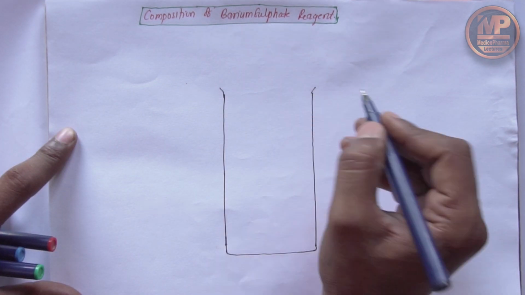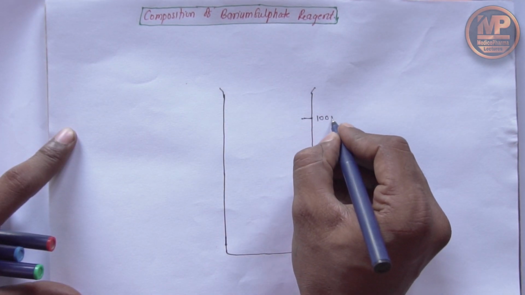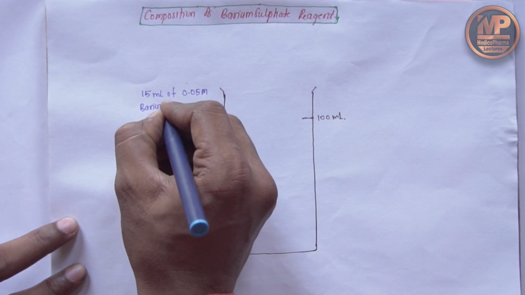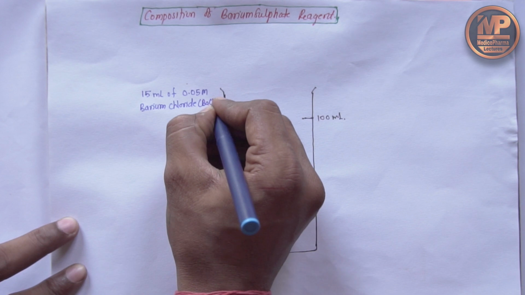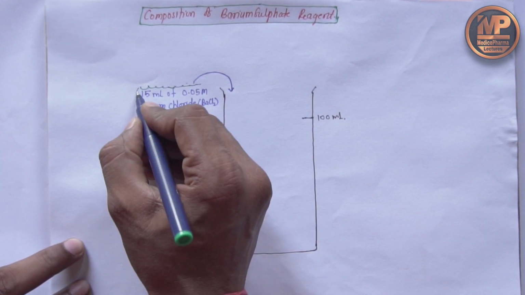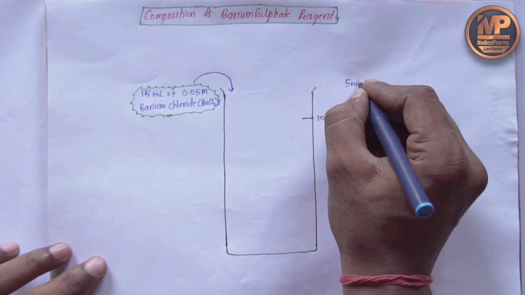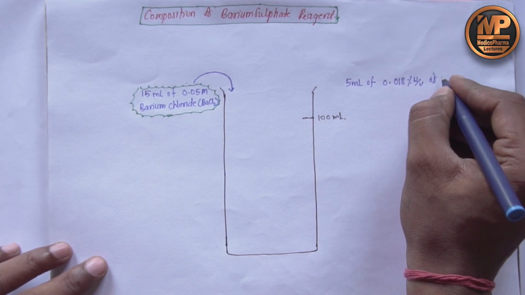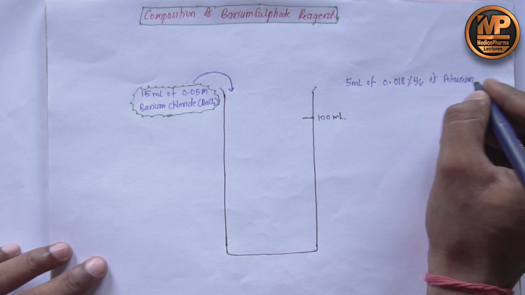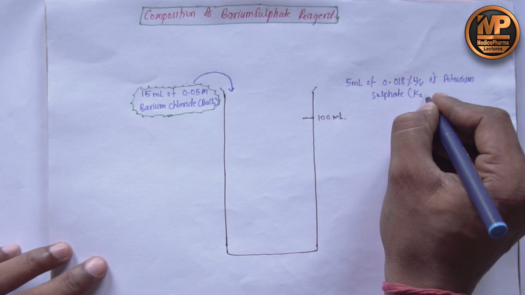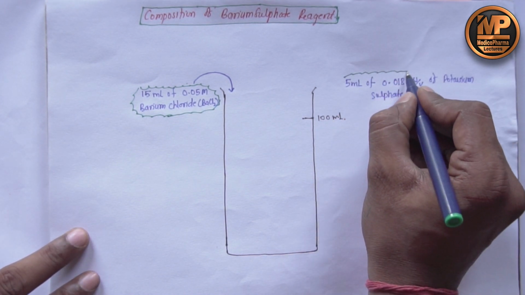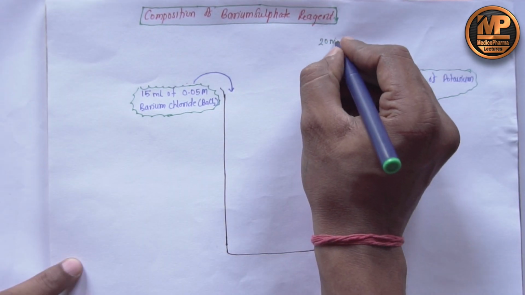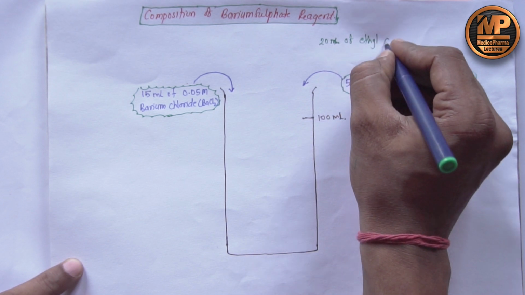For this we take a 100 ml measuring cylinder, to which we add 15 ml of 0.05 molar barium chloride solution. In this we also add a small quantity, that is 5 ml, of 0.018% weight by volume potassium sulfate, K2SO4. To this solution we also add 20 ml of ethyl alcohol.